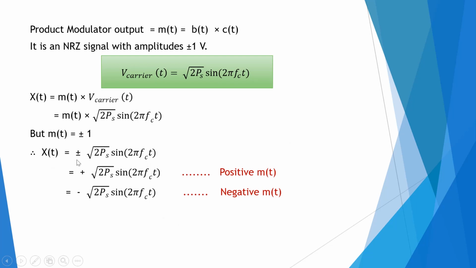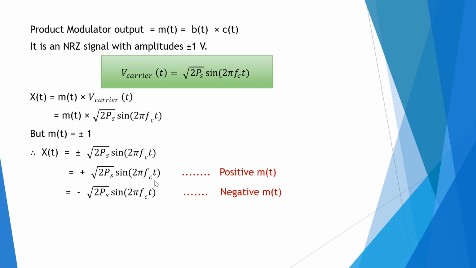So either X of t will be plus square root of 2 Ps sine 2 pi fct or minus square root of 2 Ps sine 2 pi fct. Whenever a positive M of t is sent and multiplied with the carrier, our output generated at the transmitter will be plus square root of 2 Ps sine 2 pi fct.